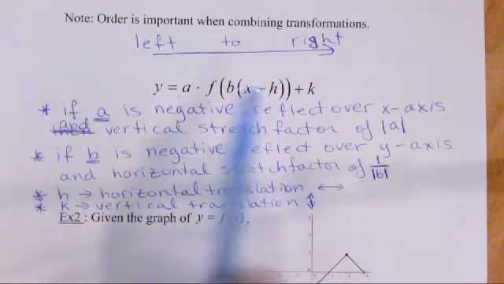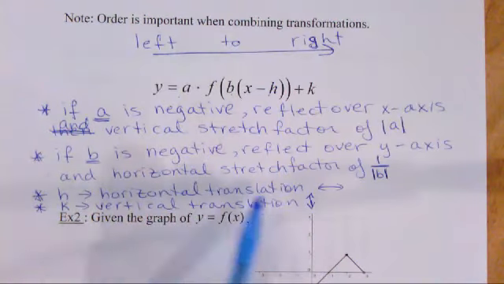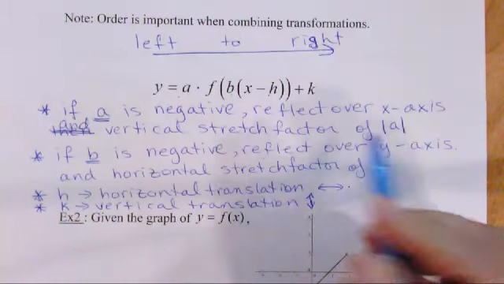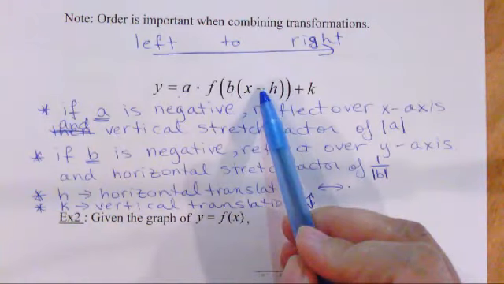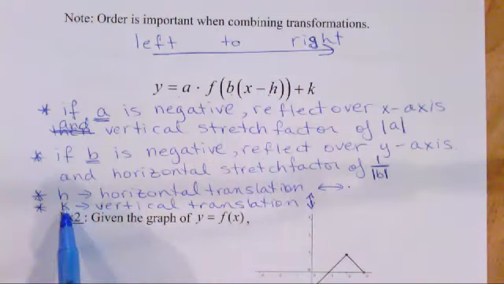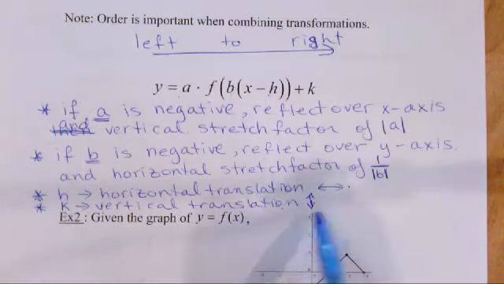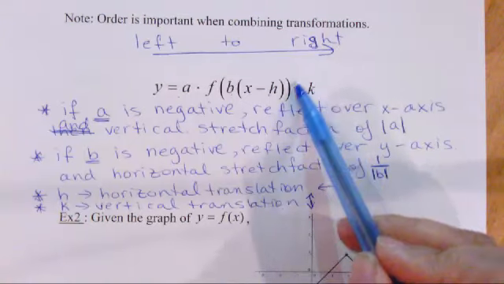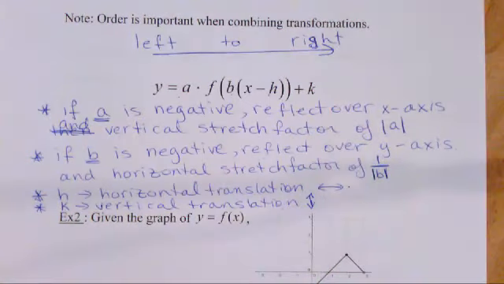For h, that tells us a horizontal translation, either left or right, and remember the movement is opposite to the connecting sign. If this is a negative, then we move to the right. If this is a positive, then we move to the left. And our vertical translation moves k units up or down. That's just whatever you see is what you get.